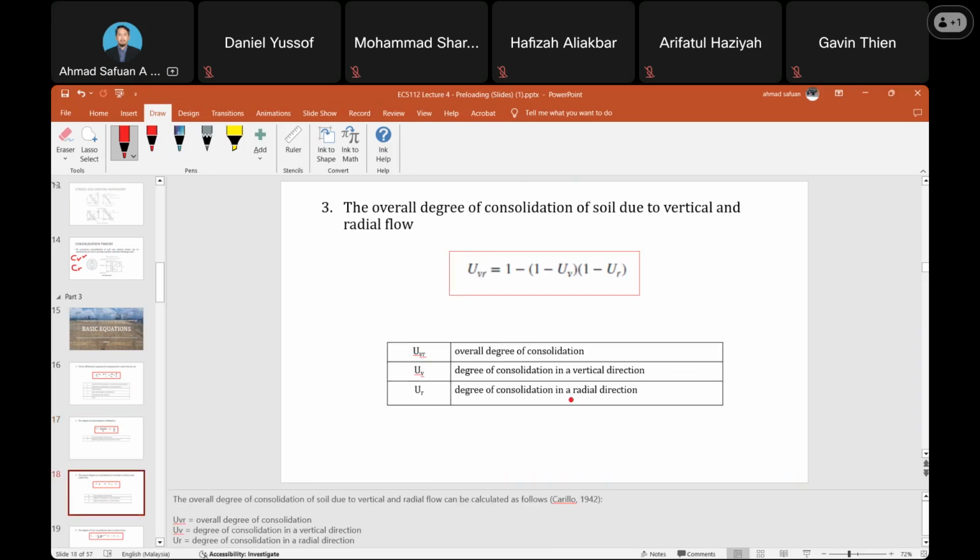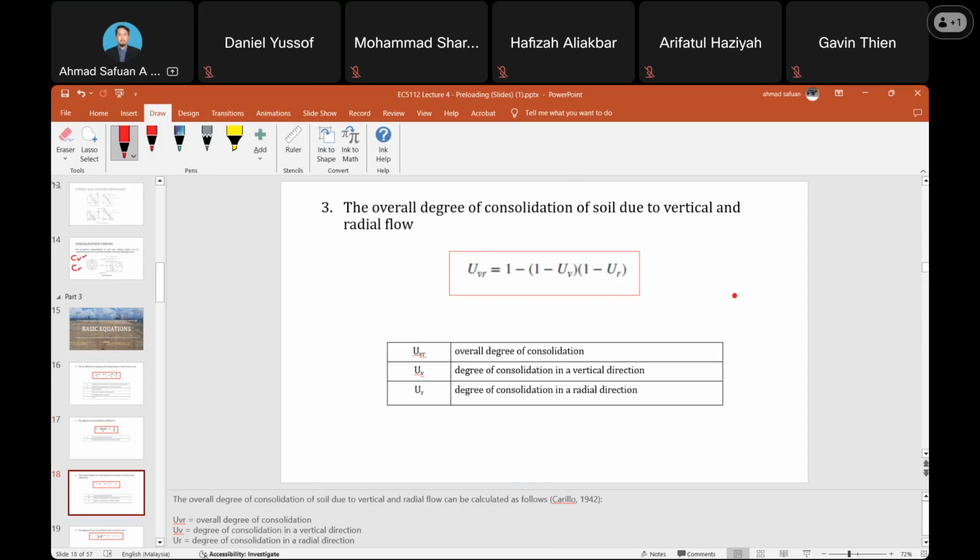From there, we combine the degree of consolidation due to vertical and radial flow, if we have the preloading with vertical drains.